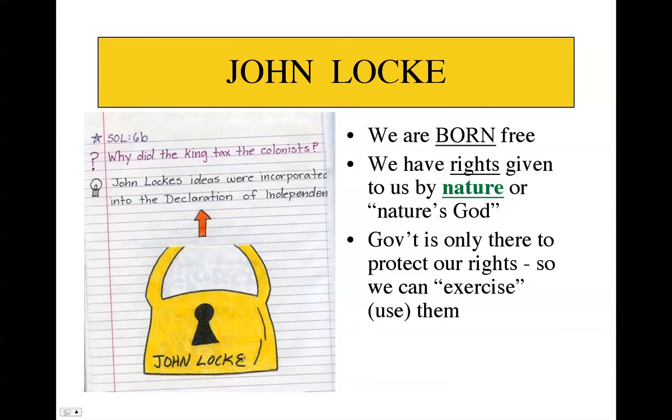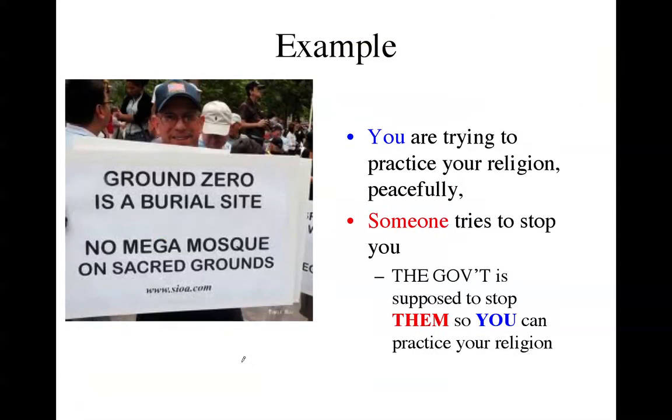Government is only there to protect our rights so we can exercise or use them. This is completely different than Thomas Hobbes. Thomas Hobbes said that the government is there to protect us from ourselves. John Locke is saying the complete opposite, that the only reason government is there is to protect our rights, so we can use them.